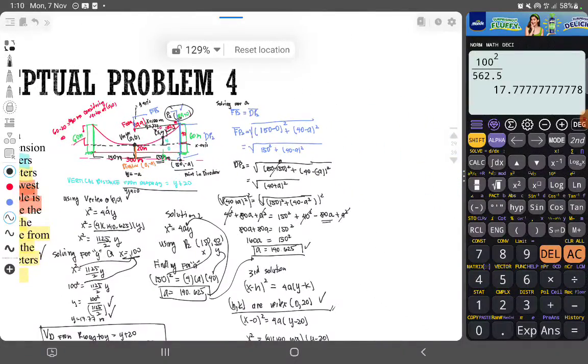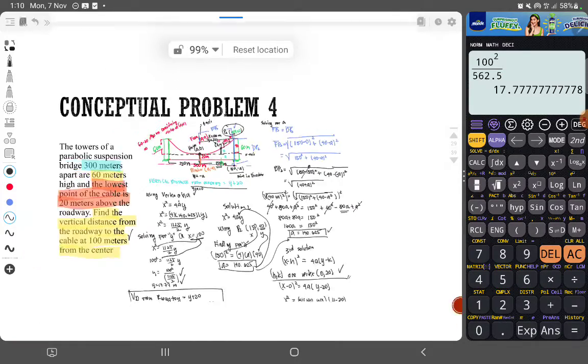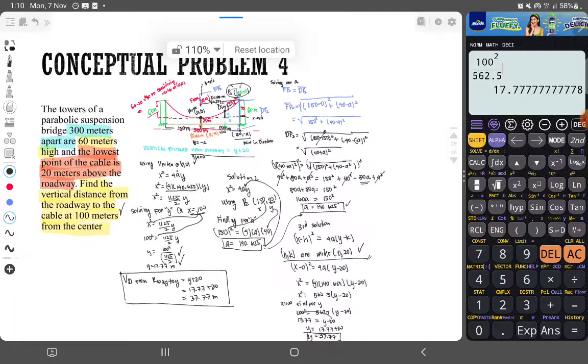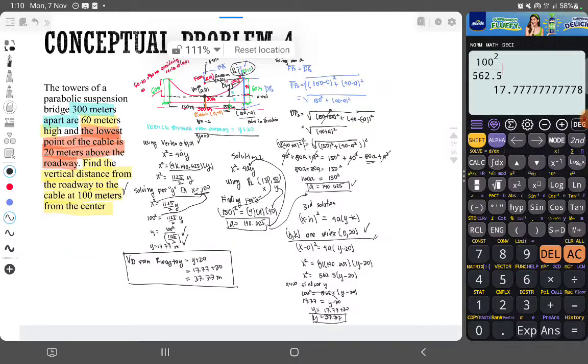Because you are free to use that. Take note that our 20 meters will not be our A. Okay? We must find for our A in order to solve for this problem. So in every parabolic problem, the key is to find for our A, and also to know the different parts and where the vertex of our parabola is.